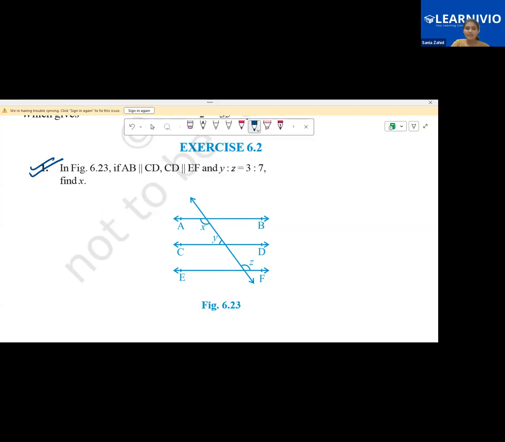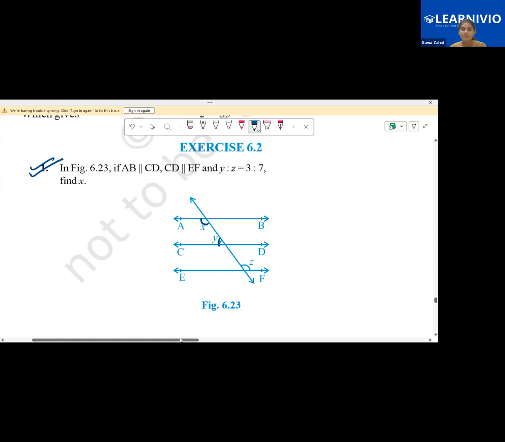What kind of angles are x and y, Ammar? I told you there are different kinds of angles. I have alternate interior, I have co-interior, I have vertically opposite.